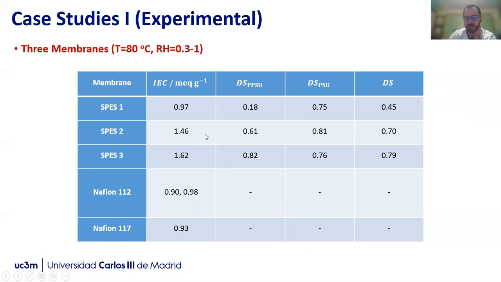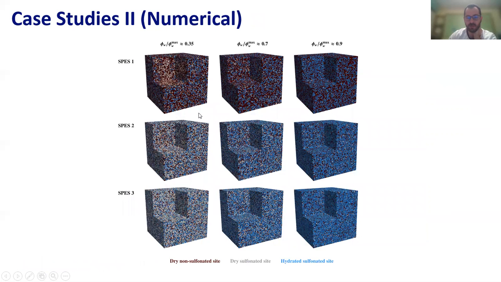But as we increase the degree of sulfonation, we don't have that separation of phases, and both blocks are highly sulfonated. We reach ion exchange capacities which are around double those of Nafion. So these are our 3 membranes that we are going to model.